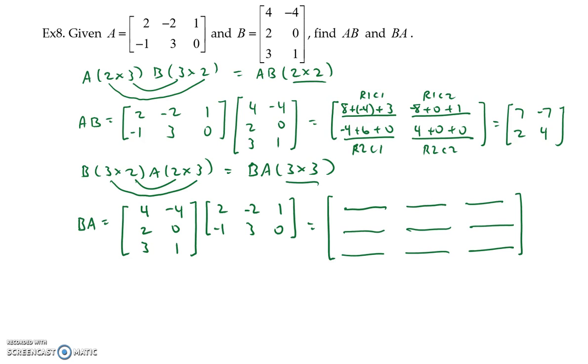So row 1 with column 1, 8 plus 4. Row 1 with column 2, negative 8 plus negative 12. Row 1 with column 3, 4 plus 0. Row 2 with column 1, 4 plus 0.